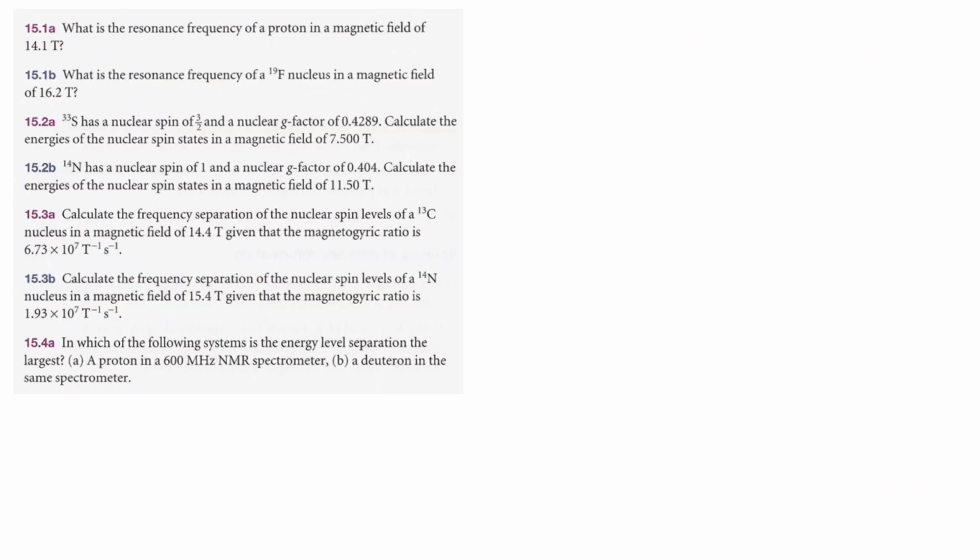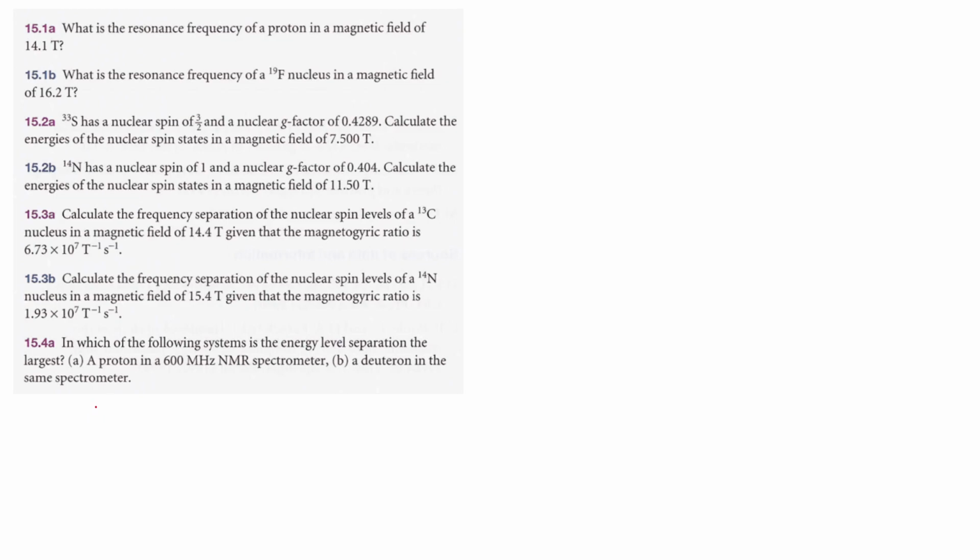These numerical problems are taken from the book Atkins, Physical Chemistry by Atkins, on the problem page, and let us solve them using whatever formulas we have learned. But before starting, let me rewrite those formulas.